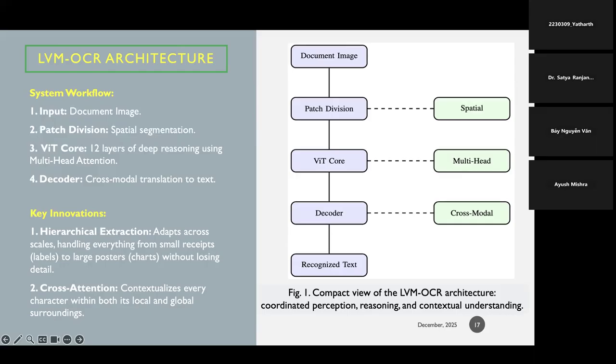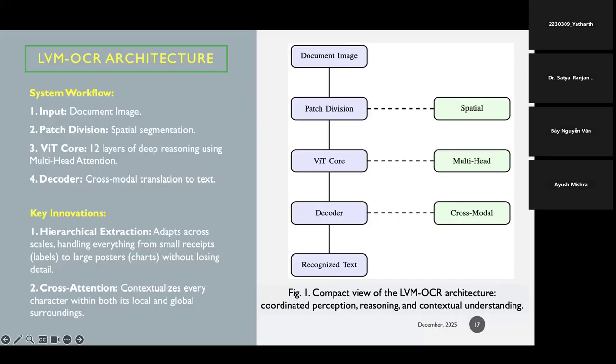And the second, perhaps the most important, that's the cross attention, as you can see in the picture. This mechanism contextualizes every character. It looks at the local surrounding of the ink stroke and the global surrounding of the sentence at the same time.